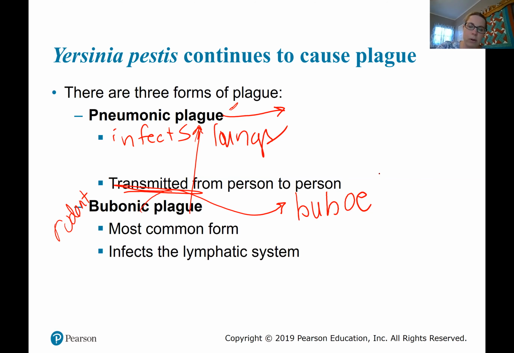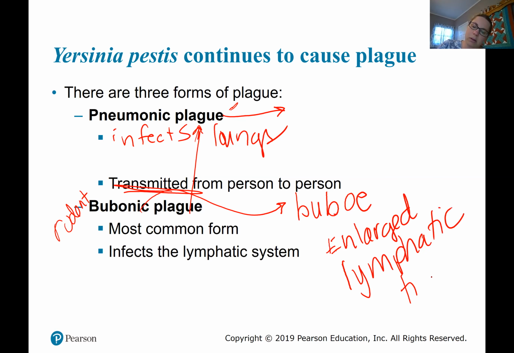A bubo is basically an enlarged area of lymphatic tissue, usually in the groin area or other places where there's a lot of lymphatic tissue. It's basically a big, hard mass of inflamed or enlarged lymphatic tissue.